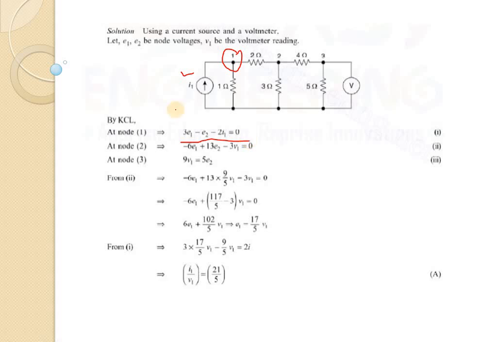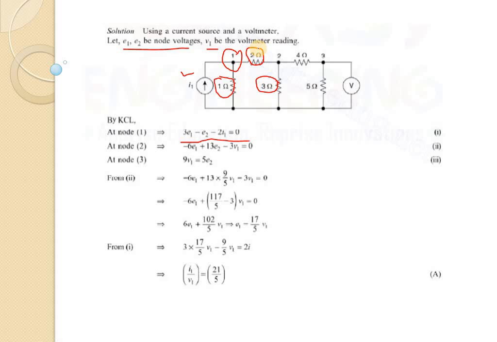Here E1 and E2 are the node voltages, and V1 is the voltmeter reading. So the node voltage, that is E1, gives 3E1, minus E2, and 2I1.